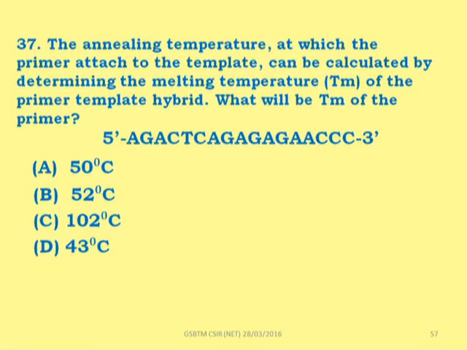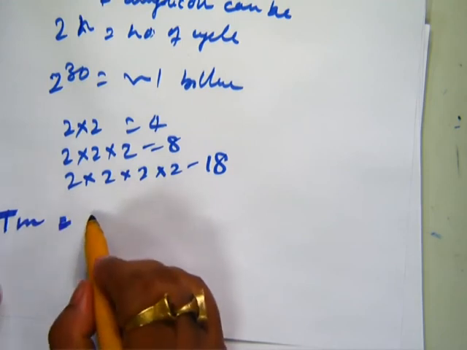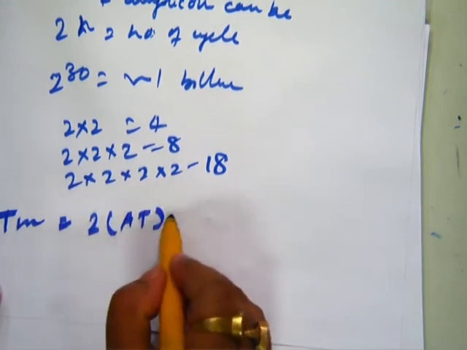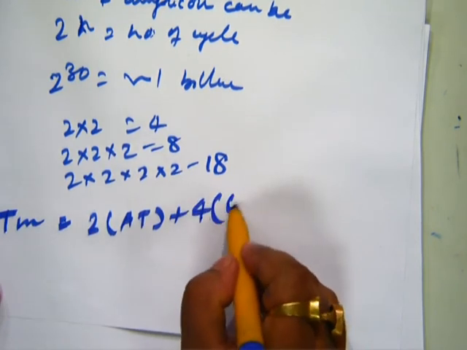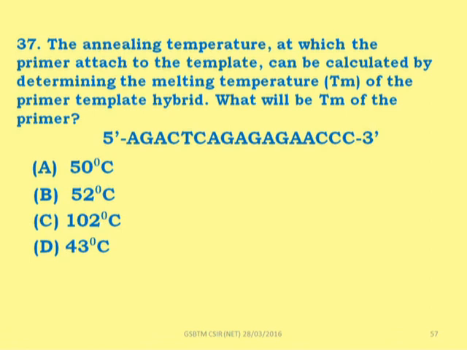Very important, very interesting. It is based on Tm, melting temperature. This can be calculated as 2 into AT plus 4 into GC. If we see the sequence here, A, G, A, C, T, C, A, G, A, G, A, G, A, we can count the number of AT. 1, 2, 3, 4, 5, 6, 7, 8.